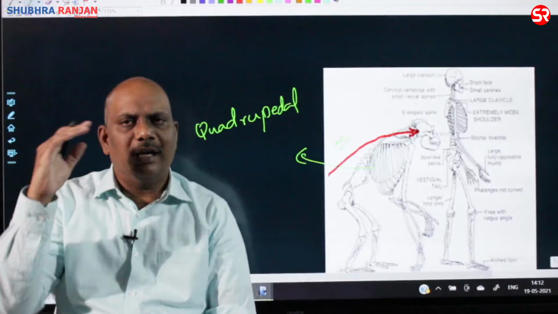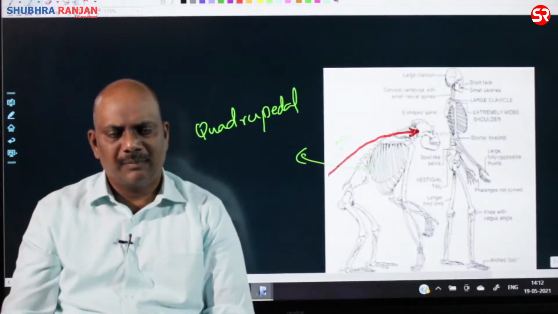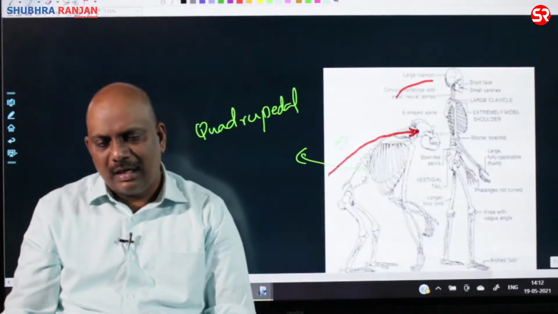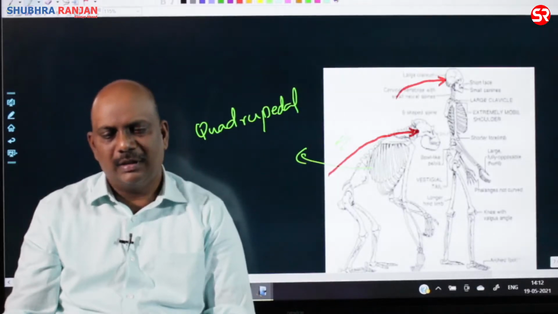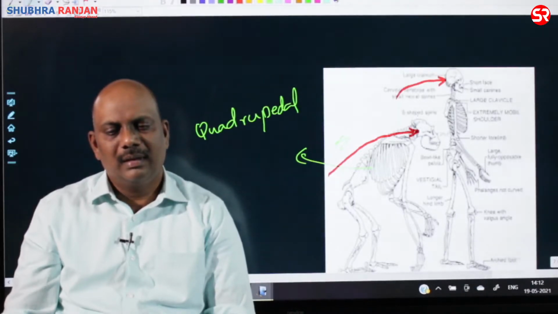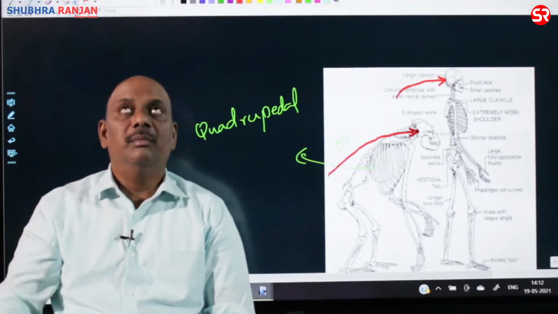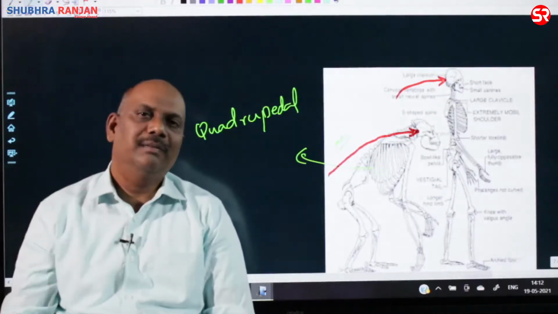But after getting erect posture, if our foramen magnum still remains here, and our vertebral column is straight, then we'll be facing the eyes upward.